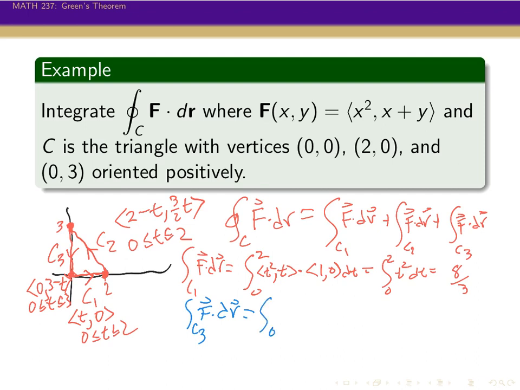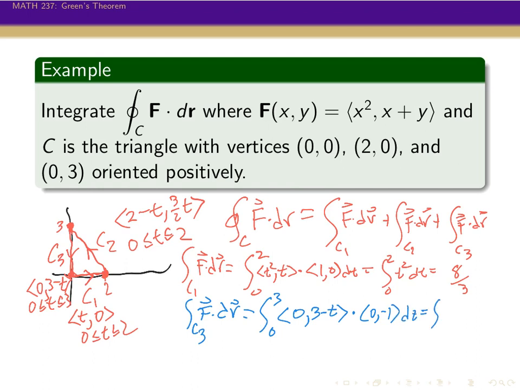And so we're going from 0 to 3, and then plugging this in to x squared, comma x plus y, I'm going to have 0, comma 3 minus t, and then the derivative of the parameterization is going to be 0, comma minus 1 dt.